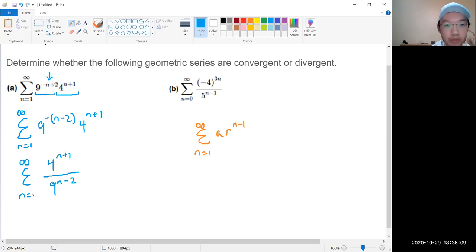What I did with the exponent is I factored out the negative sign. So when you factor out the negative sign from the exponent, you get an exponent of negative parentheses n minus 2. So now you can think of this as a negative exponent. So I just brought it to the bottom as a positive exponent. Is that okay?